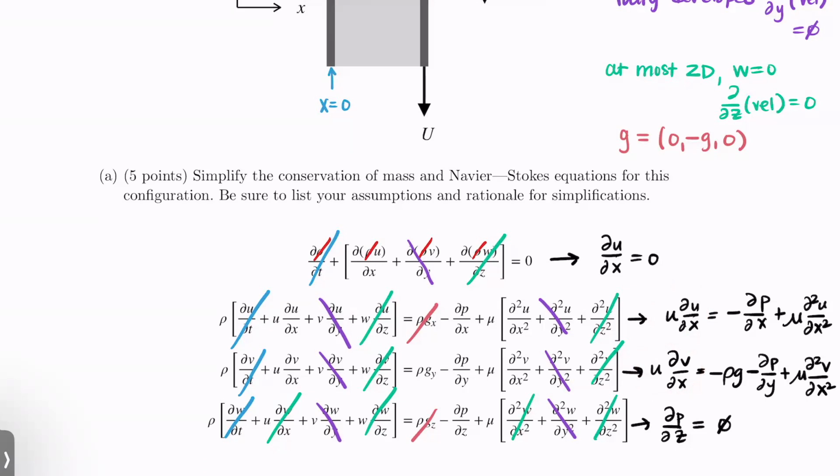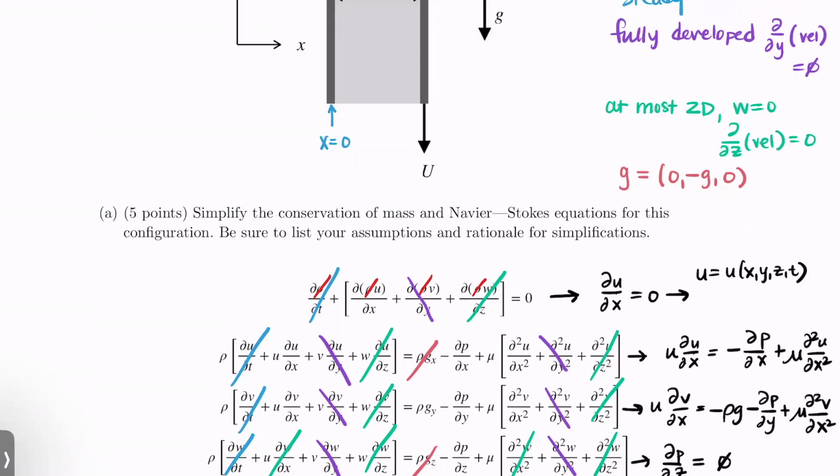The first thing I want to say is that U can be a function at most of X, Y, Z, and T. That's the full possibility for it. But we know that our flow is steady, so it's not going to depend on time.